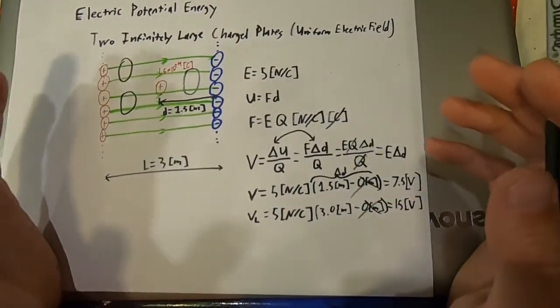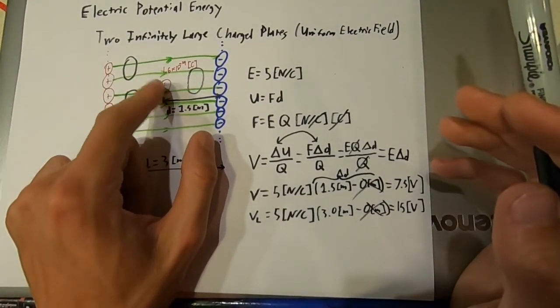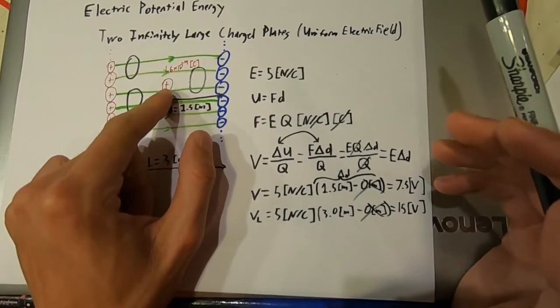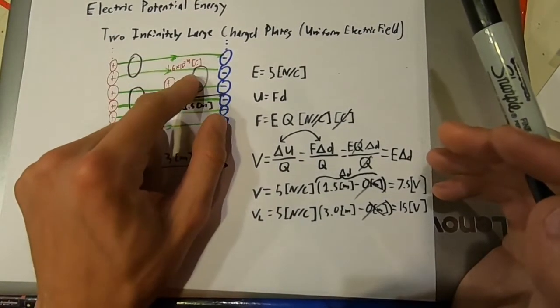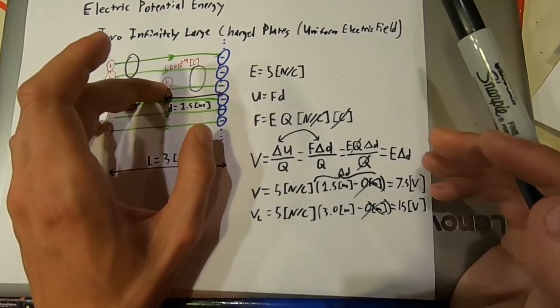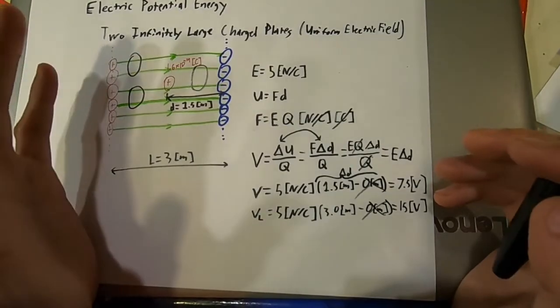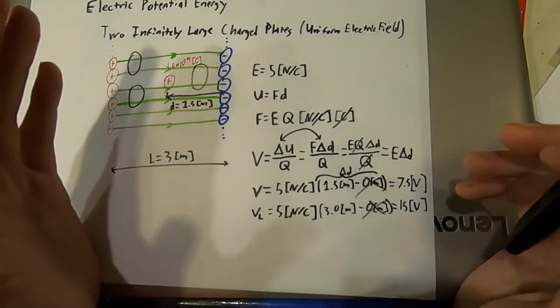And this is where, if we were trying to calculate what the speed of this proton is here, we would then need to know the magnitude of this charge and what the mass of this proton is. Since then we're talking in terms of energy, not voltage.